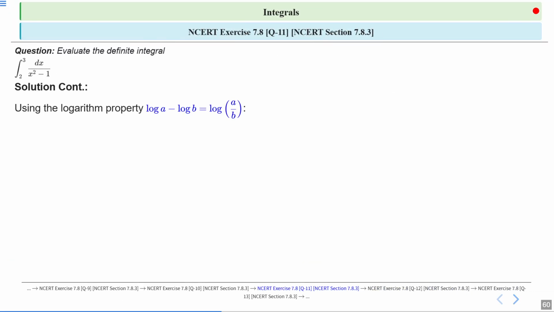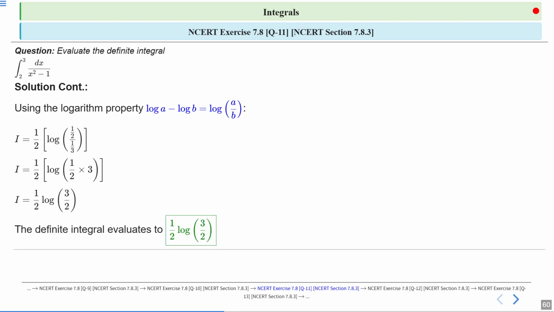So using the logarithmic property, that is log a minus log b equal to log a by b, we get I is equal to 1 by 2 log of 1 by 2 divided by 1 by 3. And when we simplify, we get 1 by 2 log 3 by 2. So the value of the definite integral is 1 by 2 log 3 by 2.